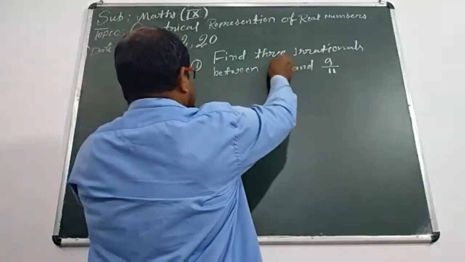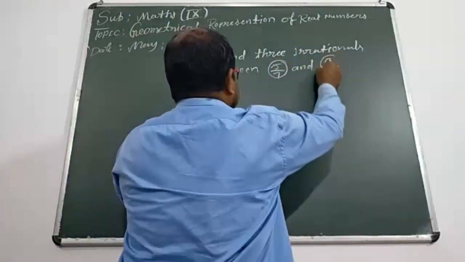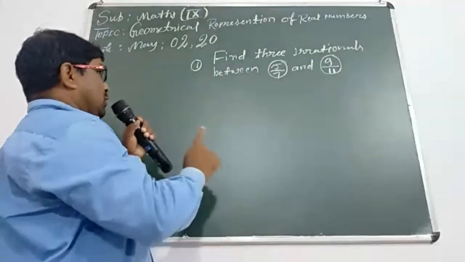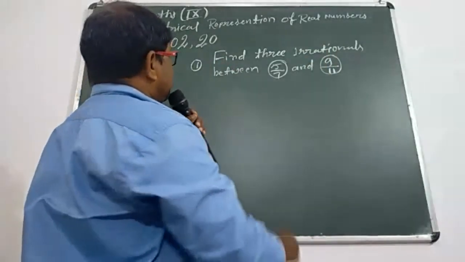As you know, these two are rational, and between rationals you want to find irrationals.